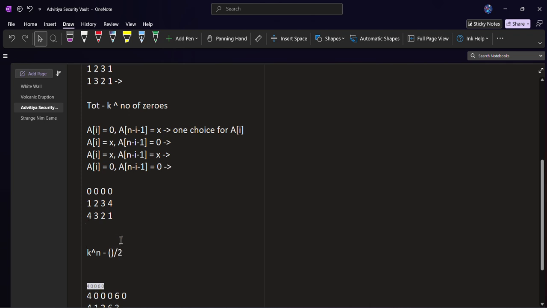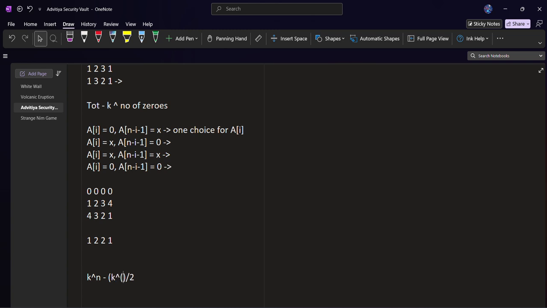But let's look at this one, 1 2 and 2 and 1. For this, the reverse is exactly the same, so this is overcounted. So first we have to subtract this type of combination. So this one is equal to basically k raised to power (n plus 1) by 2.